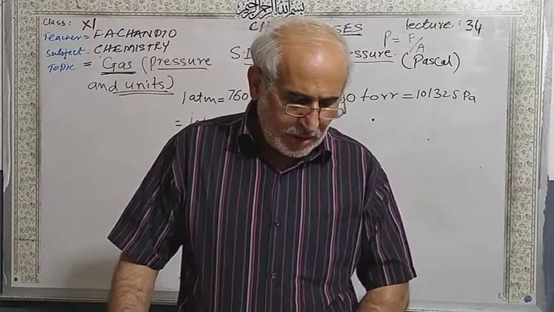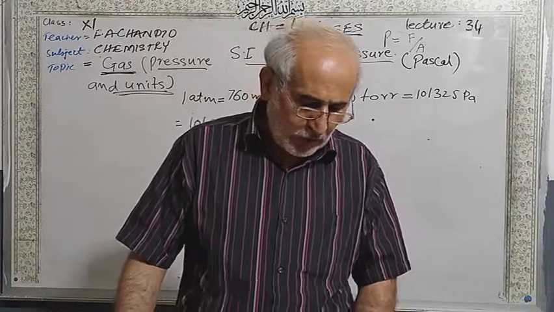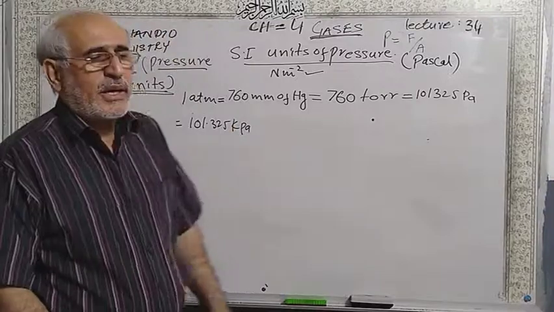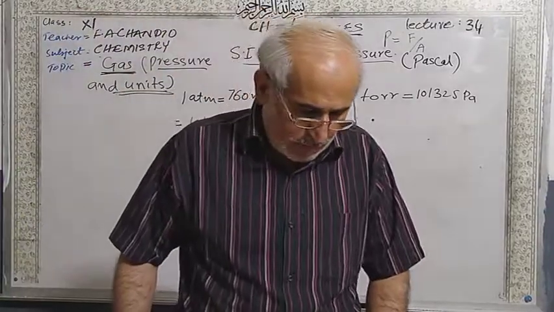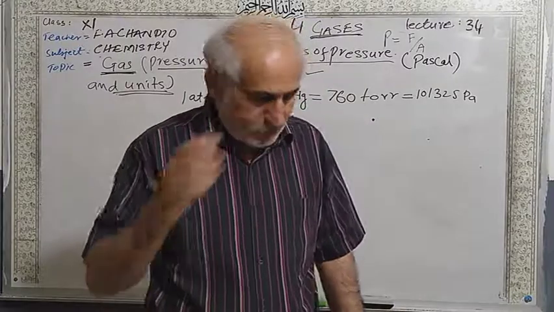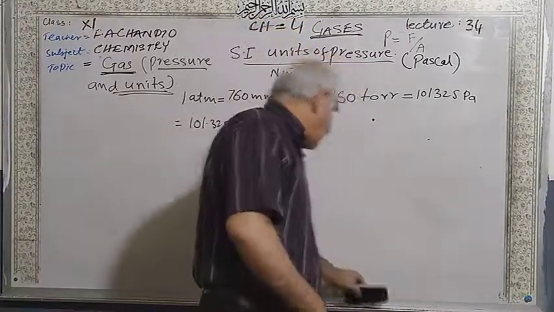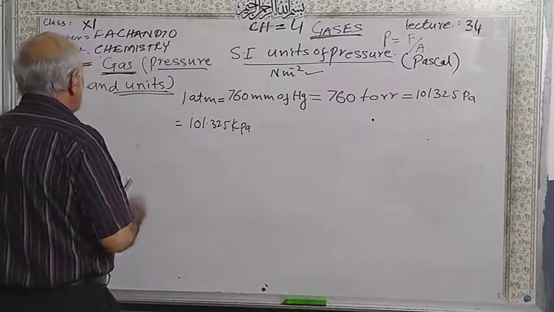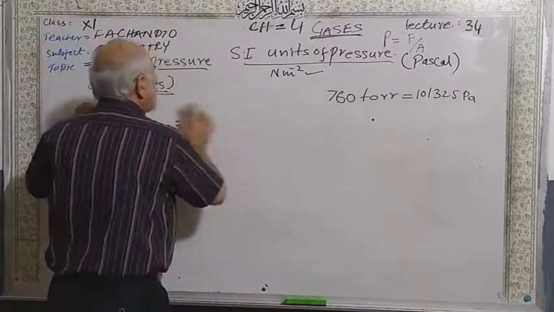Atmospheric pressure can also be changed into millimeters of mercury, and millimeters of mercury can be changed into atmospheric pressure. We did these topics in grade 9. These are the units we use in different calculations.